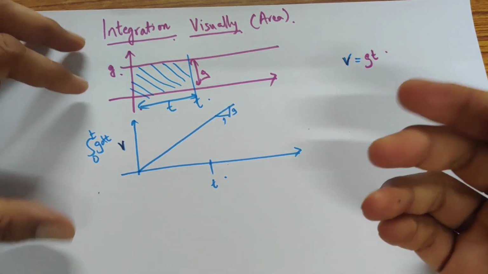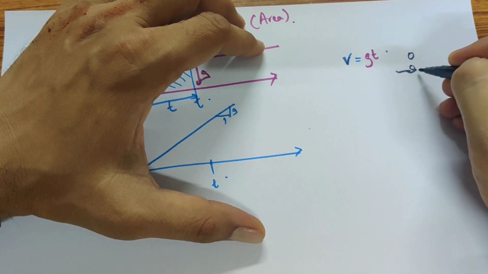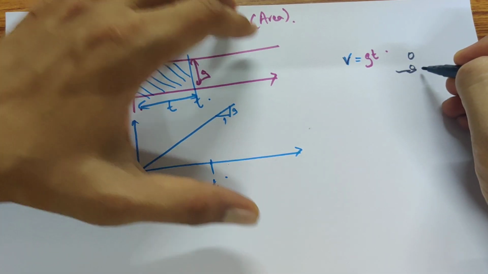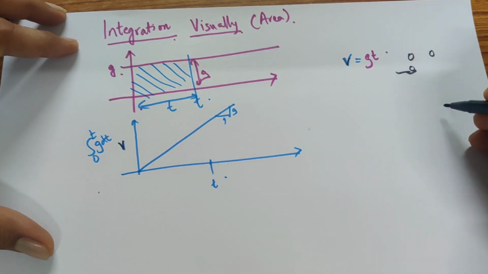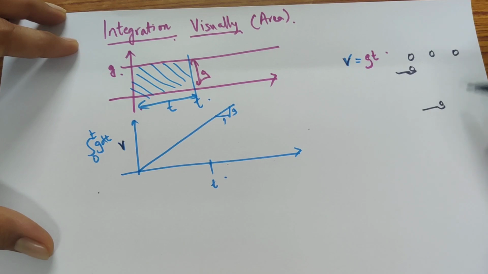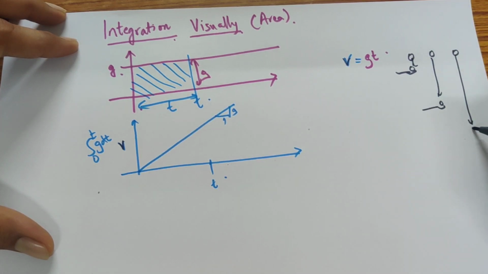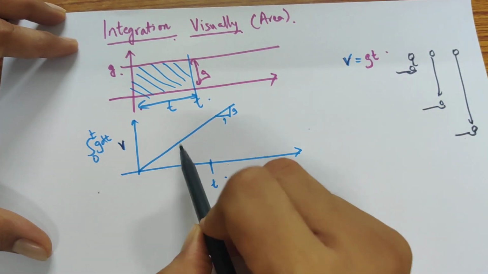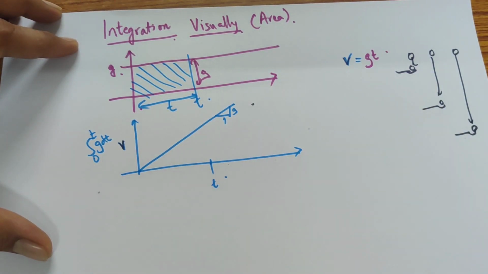If you drop the ball and catch it immediately, there would not be much speed. But if you drop the ball and after, let's say, one floor, you put your hand and catch it, you will feel that the speed has really increased. The longer I leave the ball, the faster it's going to get. This much we know from our experience, and that's what's happening here. Velocity is linearly increasing as the ball is dropping.